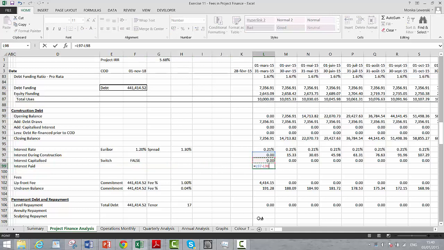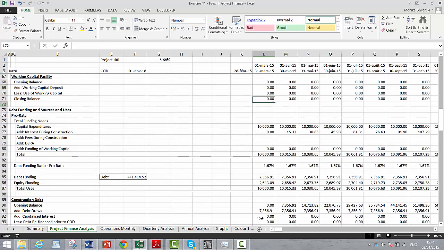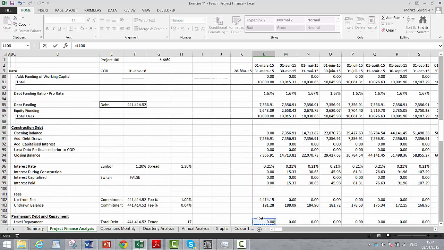That's this minus this, and this is the number that should have really gone there. Now, let's just make interest capitalized, which came from down here. Interest paid should have been what we added in interest during construction, not the interest capitalized.